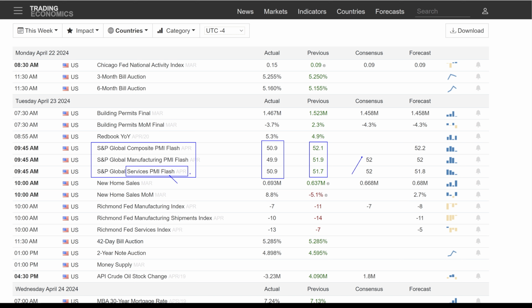But the services one, the sticky part, was at 50.9. And this is coupled with the fact that new home sales are spiking a bit, and the manufacturing index also is in the negative, -7, -10. On the services index, -13. It was a really good day on Tuesday in which we rallied and continued the week with a bullish sentiment.